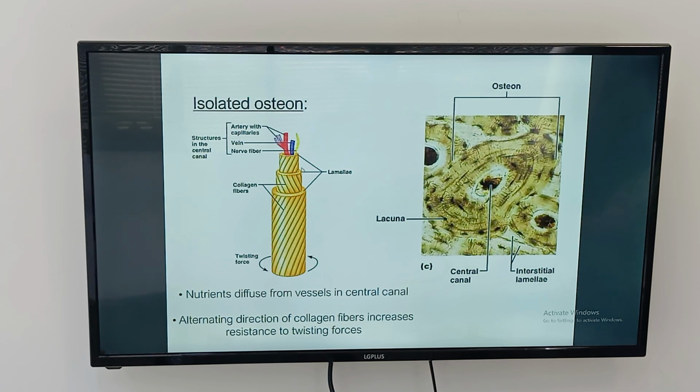It's covered in a structure called a lamella, and the lamella is surrounded by collagen fibers. The collagen fibers have a twisting force, as you can see from these green lines, which means they have a twisting force, clockwise and counterclockwise.